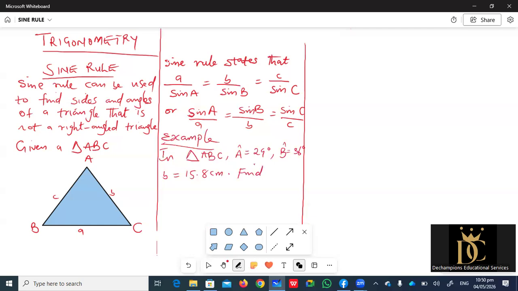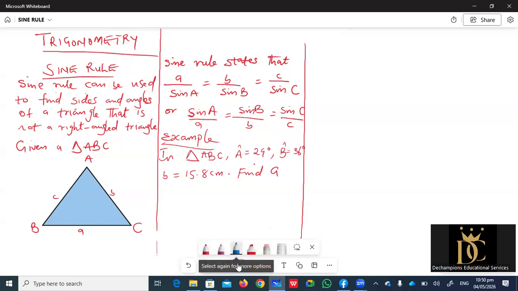Find a. So in this question, we are asked to find side a. Now, let's quickly do that. Now, our solution.